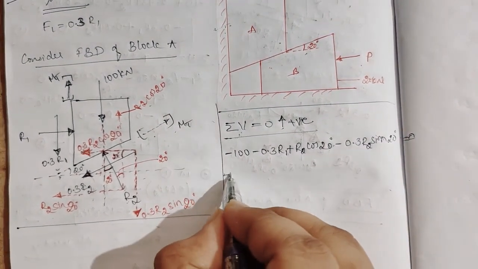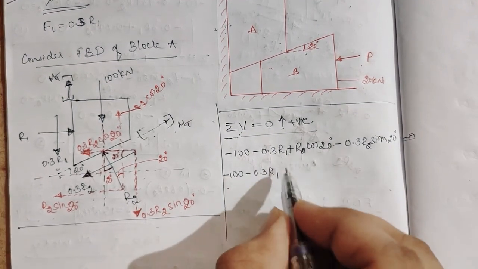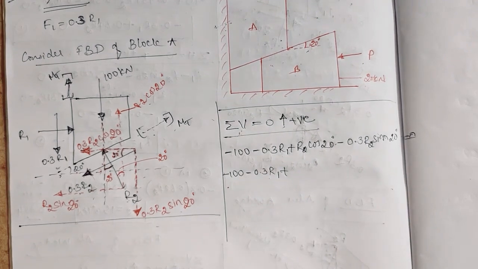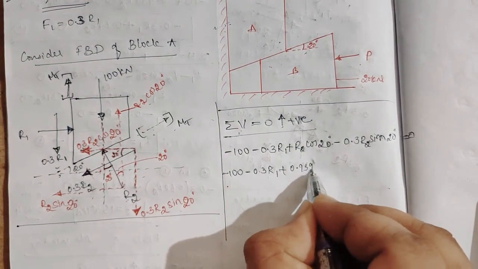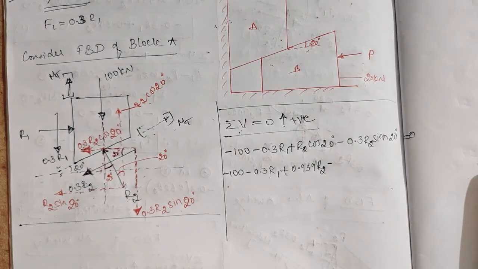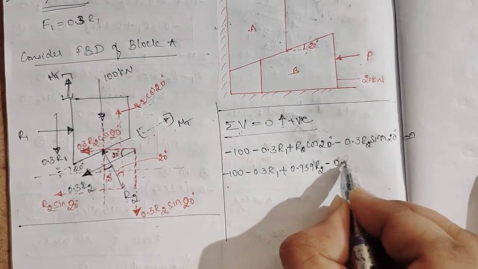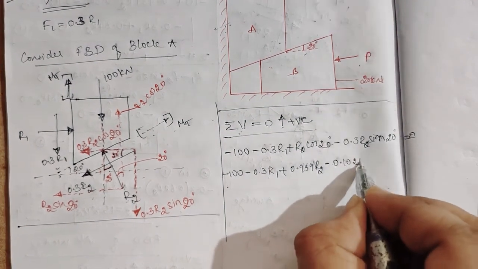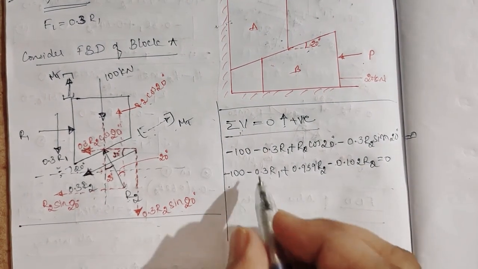Okay, so minus 100 minus 0.3 R1 plus R2 cos 20, which will be 0.939 R2, minus sine 20 into 0.3, which will be 0.102 R2, is equal to 0.